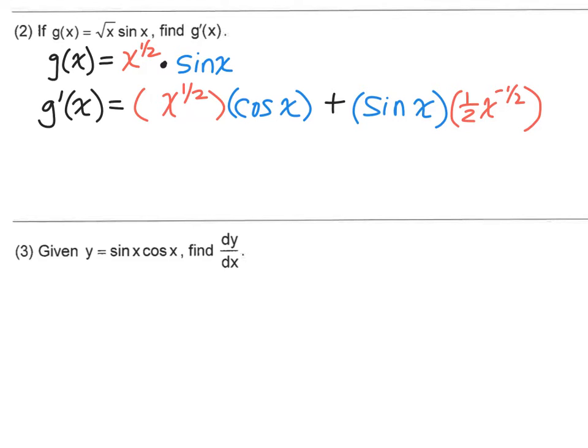The last one, again, identify your first function and your second function that are being multiplied. All right, product rule only works if you're dealing with a product of two factors. All right, so again, first multiplied by the derivative of the second plus the second multiplied by the derivative of the first.